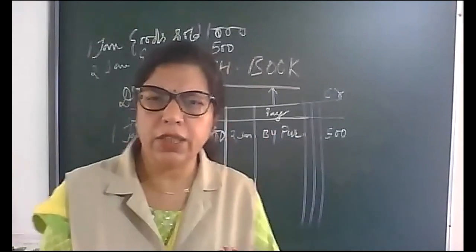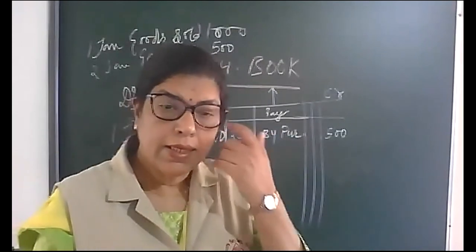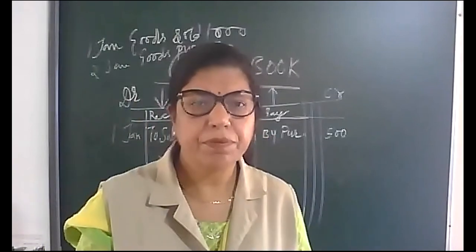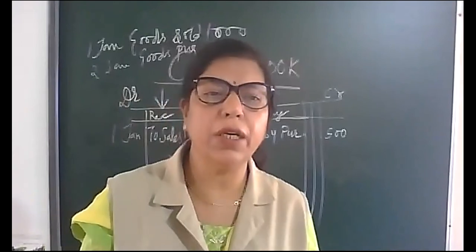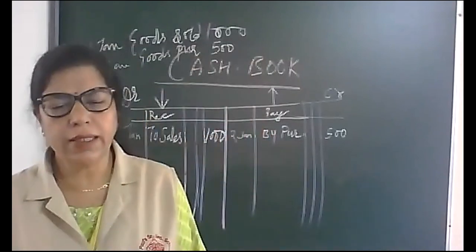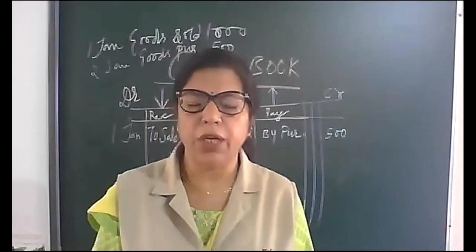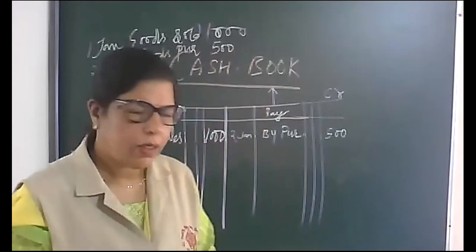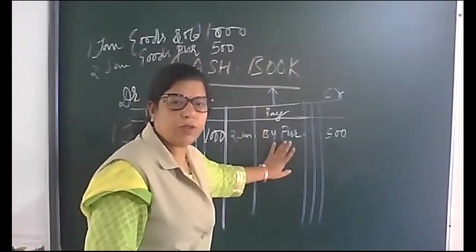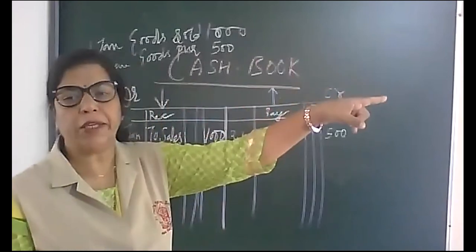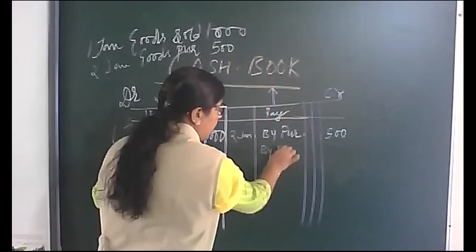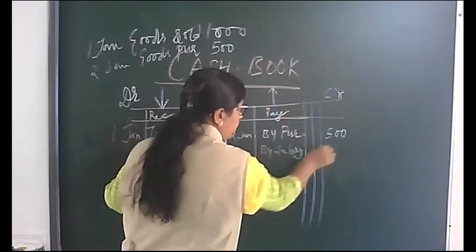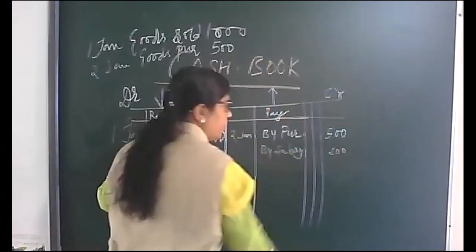Now, next transaction. Salary paid, 200 rupees. Where to enter? On this side, because the organization is paying salary to the worker. So same thing, by salary 200.